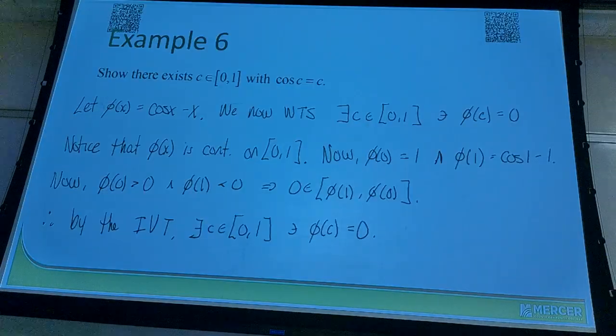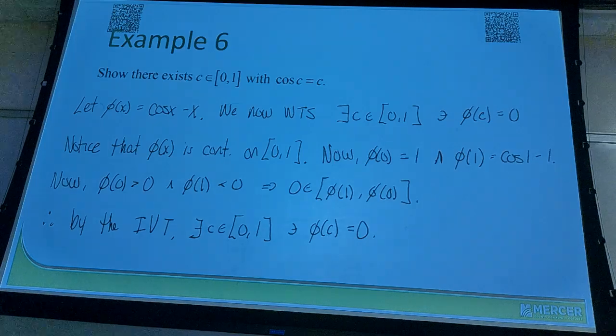We showed phi of x is continuous on 0 to 1, which means it has to take on every single value between phi of 1 and phi of 0, your two endpoints. And we also showed that 0 is in between those two values. So that's the intermediate value theorem. We know such a C exists.